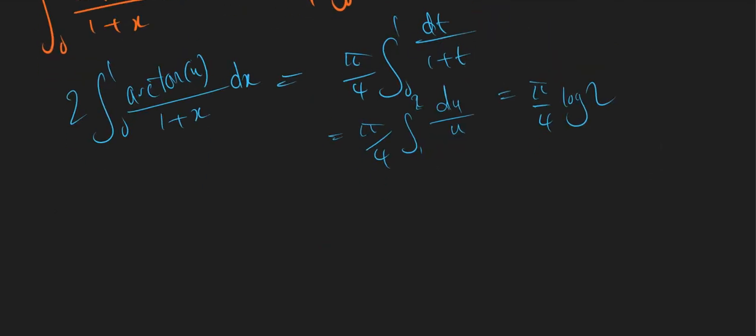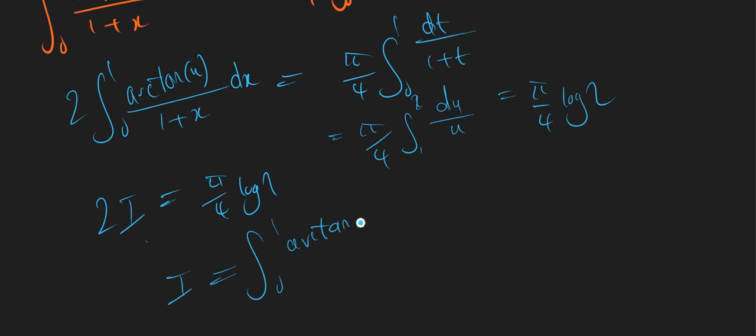So basically 2I is pi over 4 log 2. Basically, I, which is the integral from 0 to 1 of arctan of x all divided by 1 plus x, is pi over 8 times log 2.